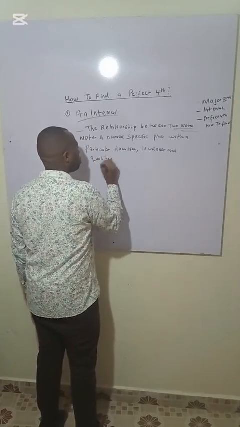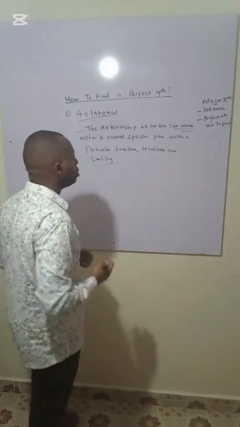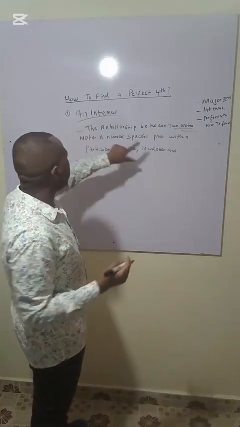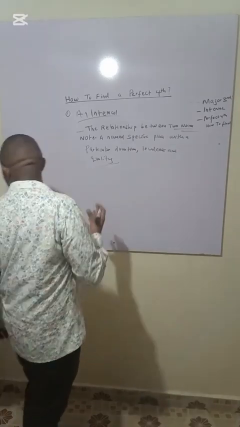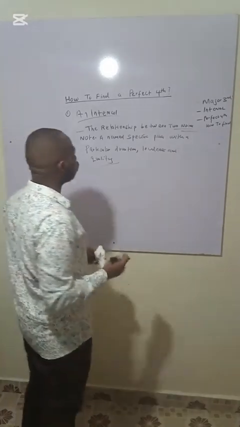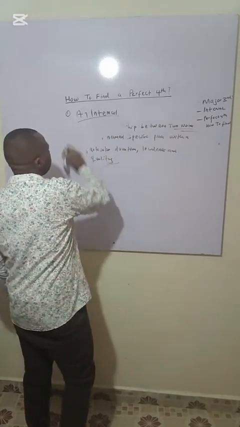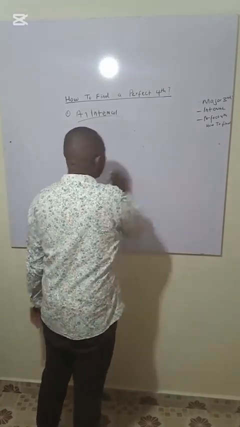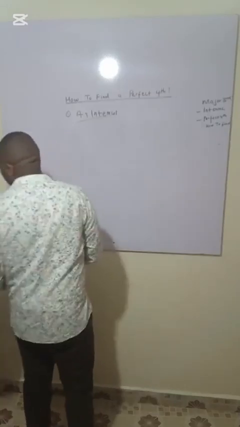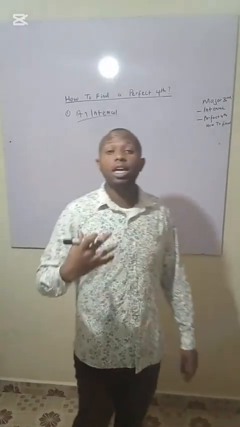So if you're writing notes, that's what a note is. An interval is simply the relationship between 2 notes, and a note is a named specific pitch with a particular duration, loudness, and quality.